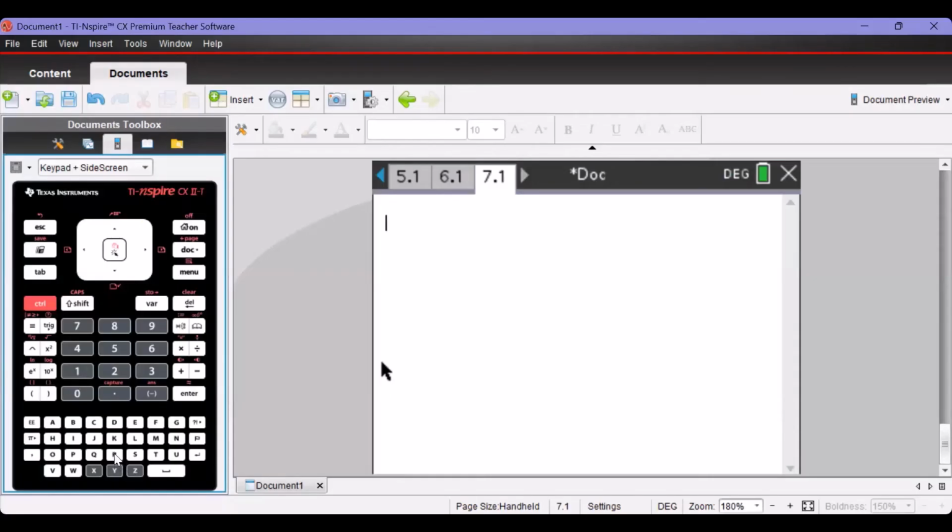So what we'll do is we will assign roots. Assign is accessed by pressing Control, symbols template.